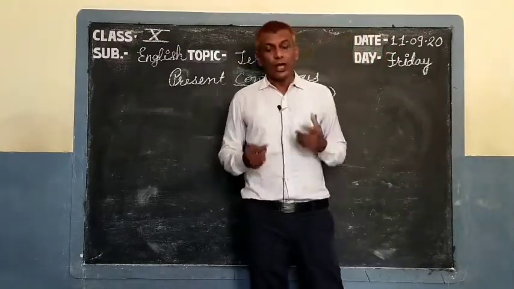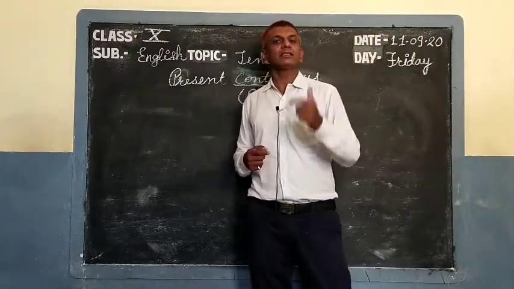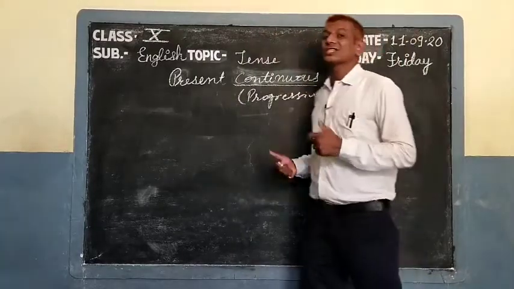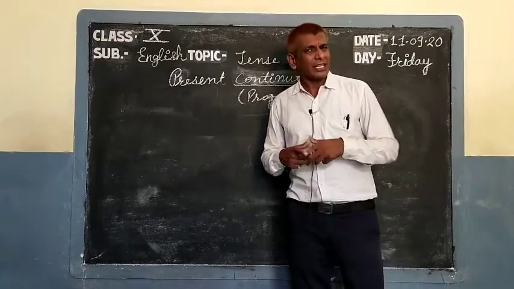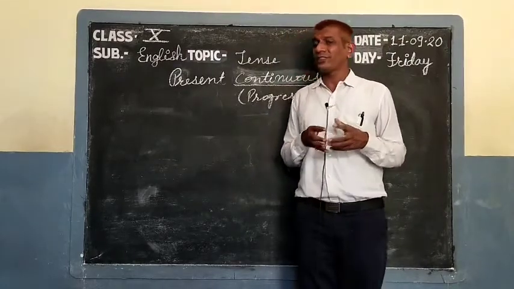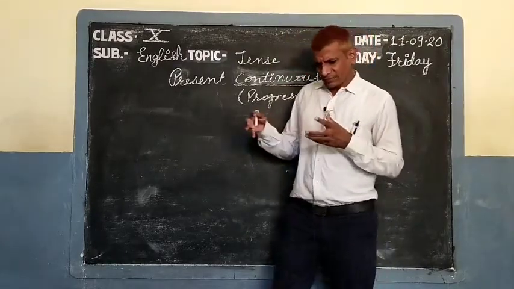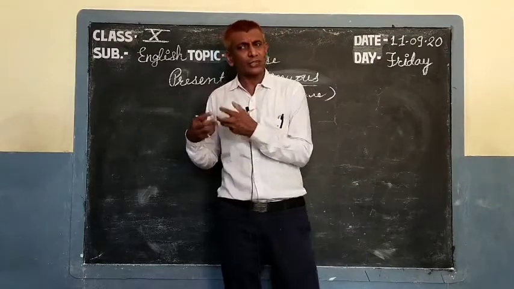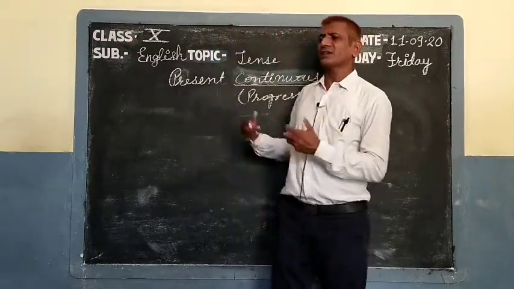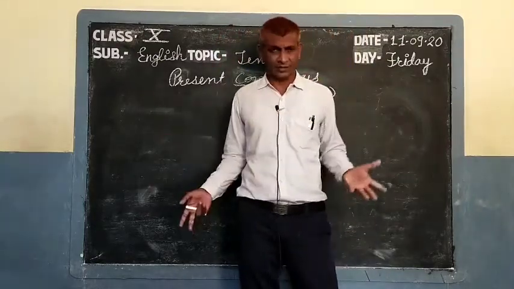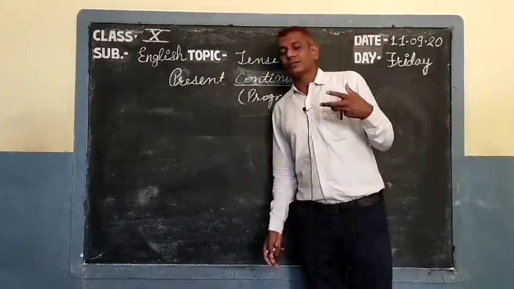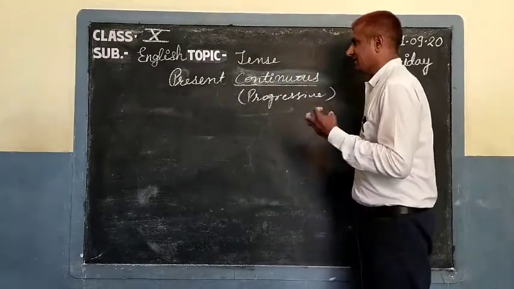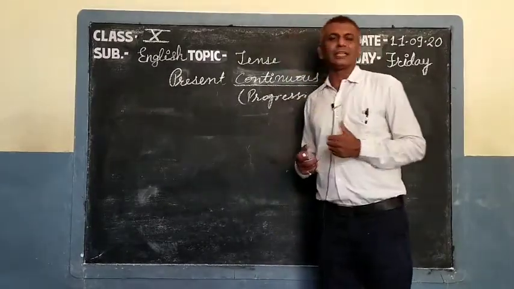The sentence structure is of present continuous or present progressive. So never get confused with these things. According to English grammar, it's very scientific, and we need not be confused by words or some translation in Hindi.